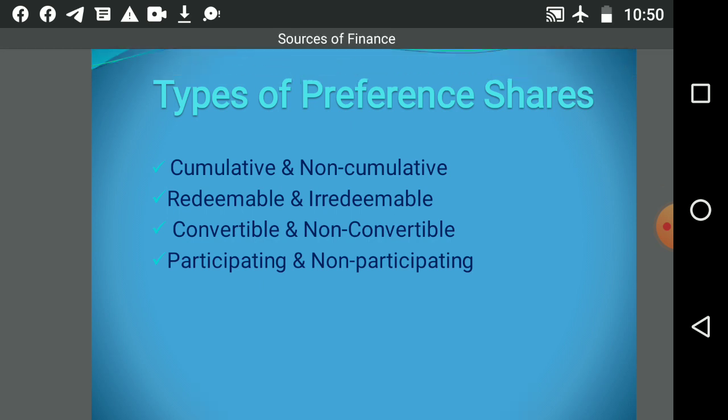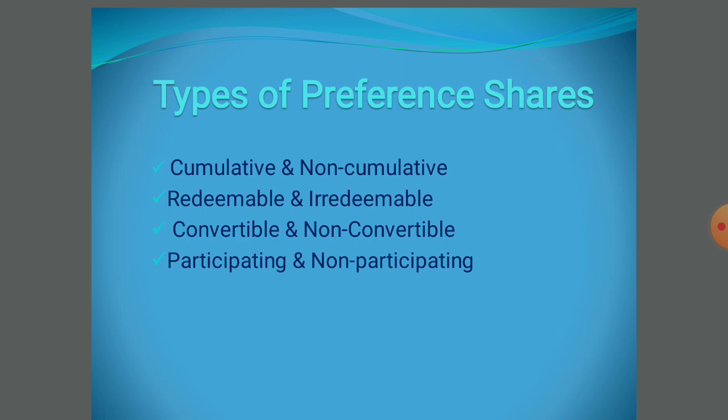But in case of participating preference shares, after getting the fixed amount of benefit, whatever amount would be left, from that amount also preference shareholders are going to enjoy the benefit. That means other than the fixed rate of benefit, they are also going to get the extra amount of profit from the company, and they are known as participating preference shares. And non-participating preference shares are going to get the fixed percentage of benefits from the organization.